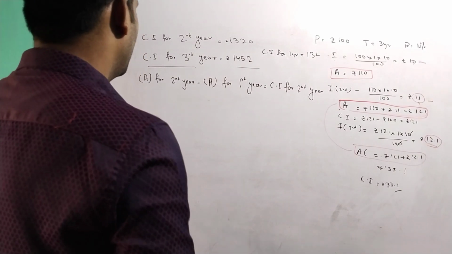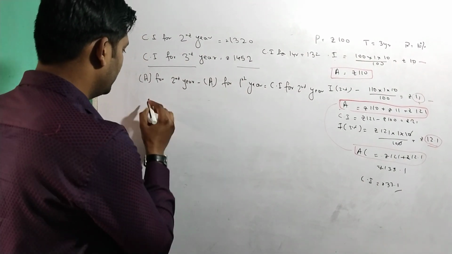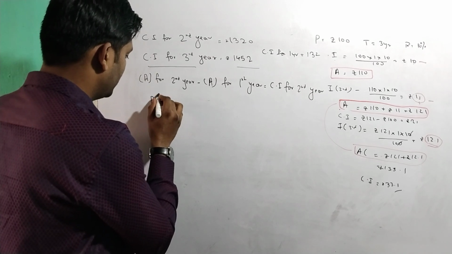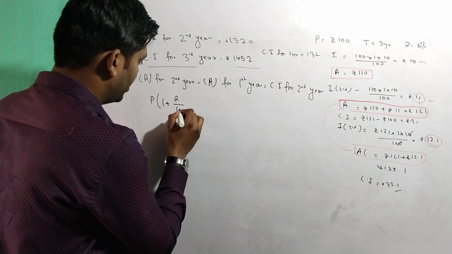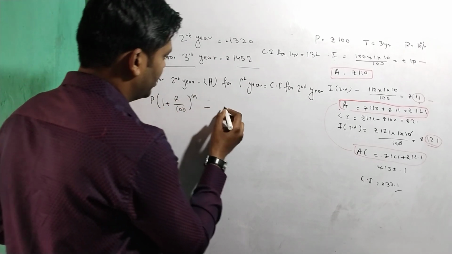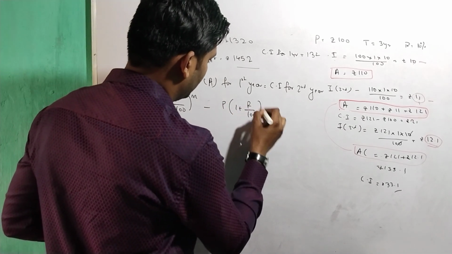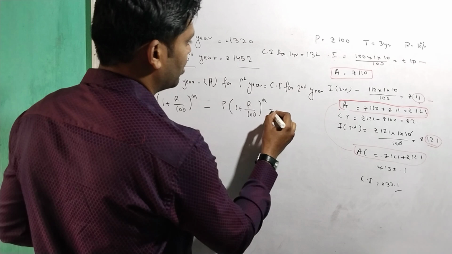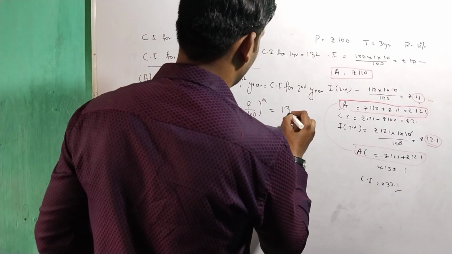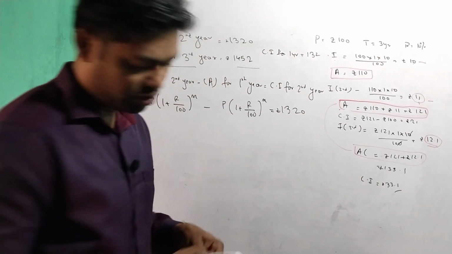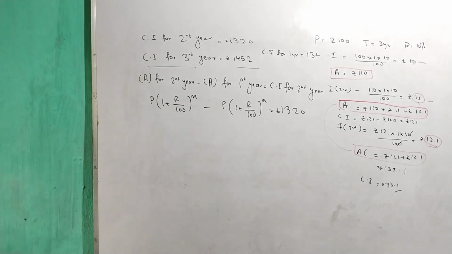So what is the formula for the amount for the second year? Principal (1 plus R by 100) to the power N minus principal (1 plus R by 100) to the power N. The compound interest for the second year they gave me is 1320 rupees.